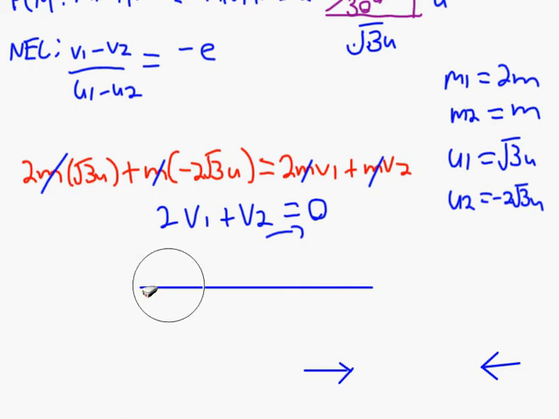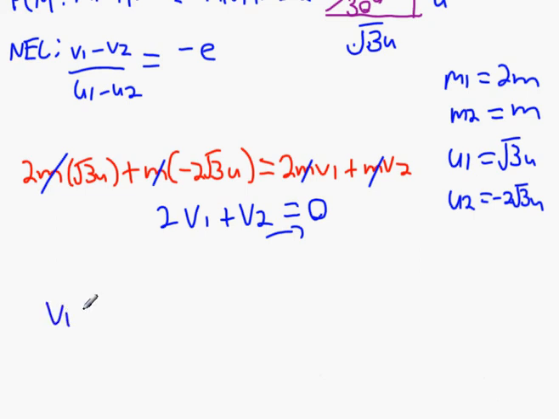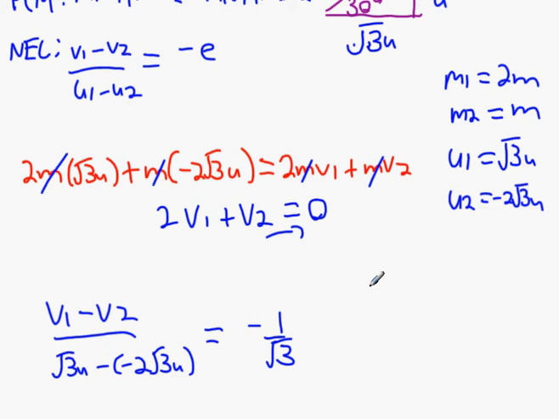One moment. What we think happened was we forgot that it's minus 2 over 3u. So what we're suspecting is it's phi1 minus phi2 all over root 3u minus 2 over 3u. That's where the mistake was made, equals minus 1 over root 3.